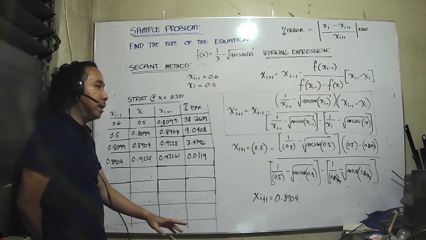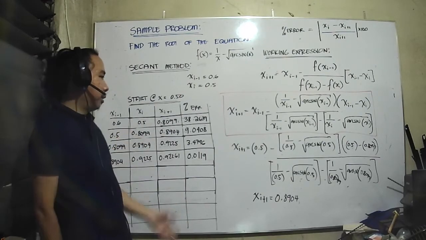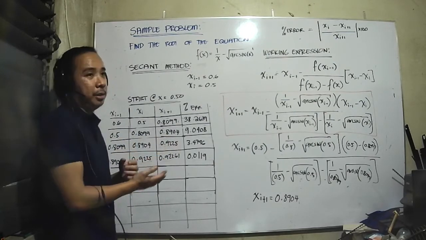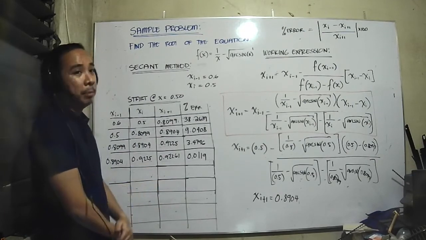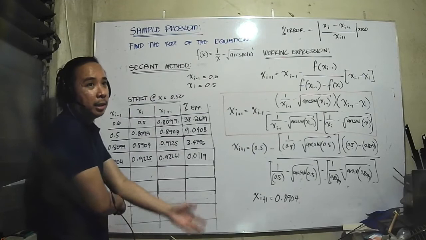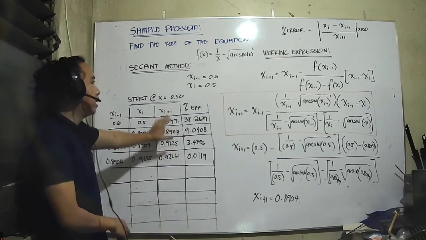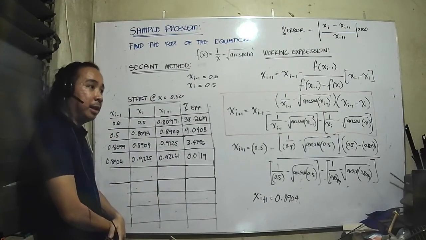Each is powerful on its own, depending on what you need. Say you have data where there is no derivative, say only distance is given and no velocity. Then it is more practical to use the secant method in analyzing that engineering phenomenon.